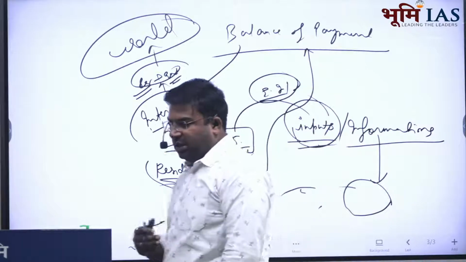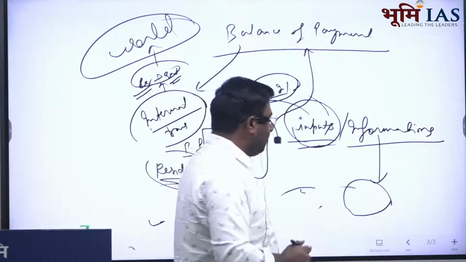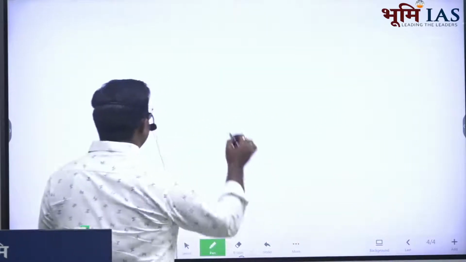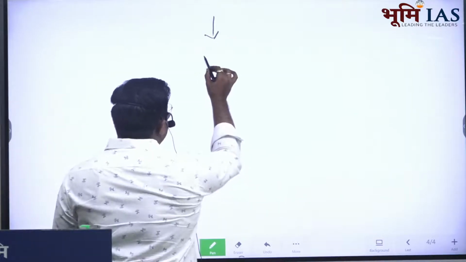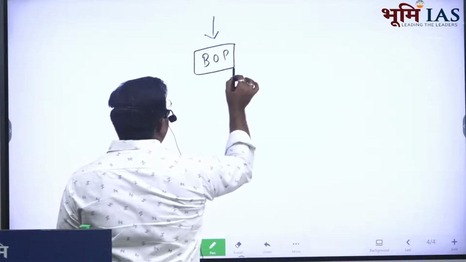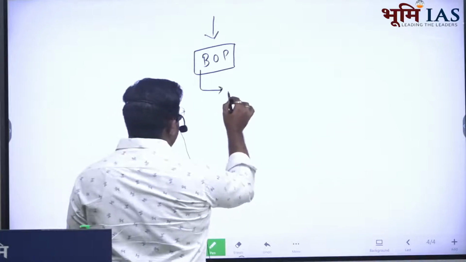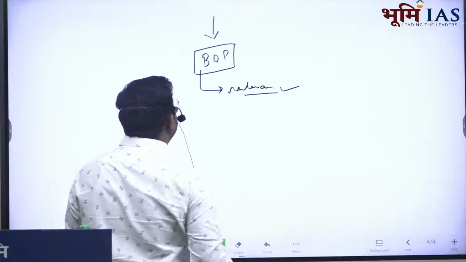Now please move ahead, and again we will try to build our understanding that as far as this document, called BOP, is concerned, what is the relevance of this particular document for the government?